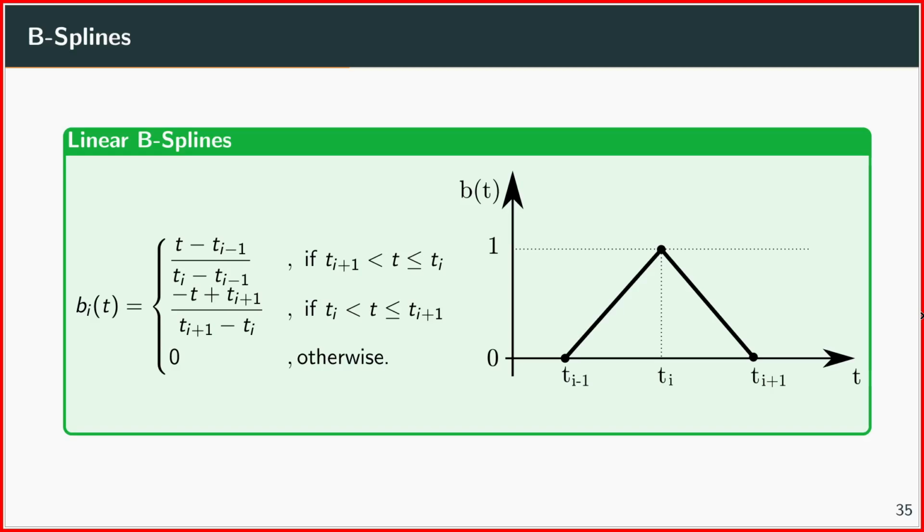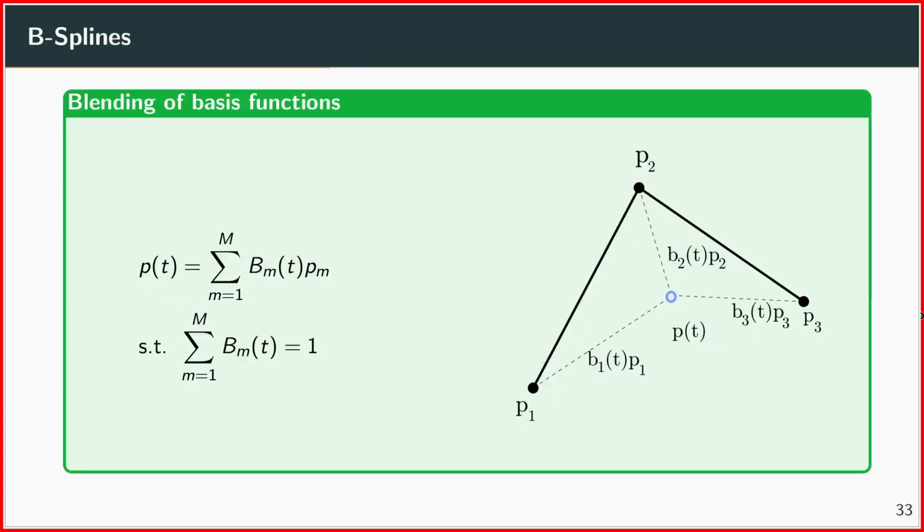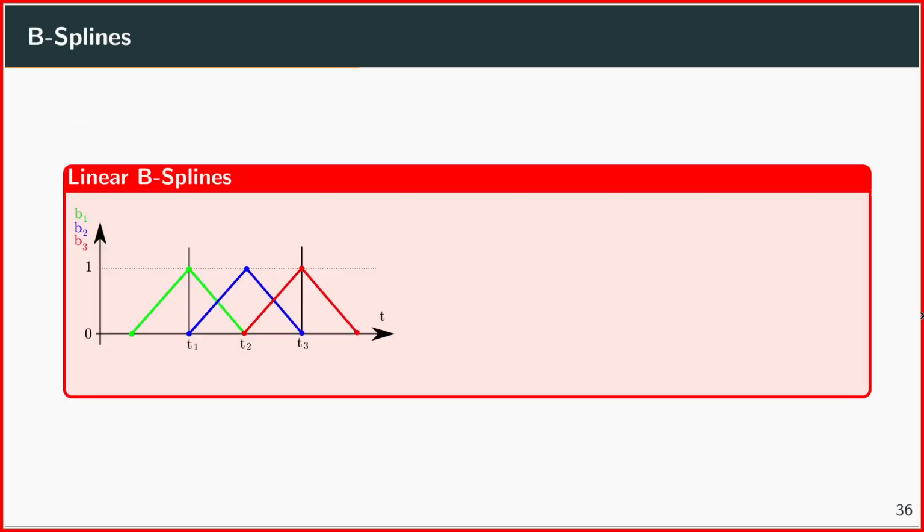This is basically where we define how the control points influence our path. And if we visualize this for this example with 3 linear splines, green is the influence of the first point, blue of the second, and red of the third.